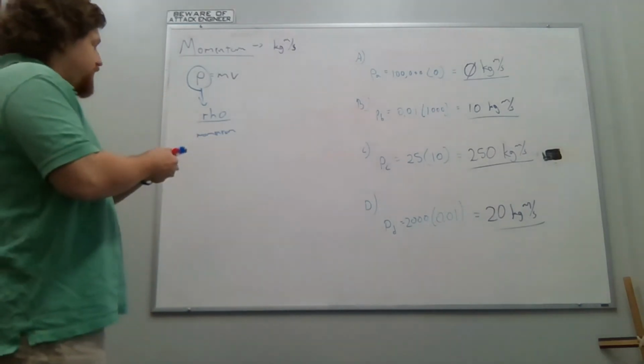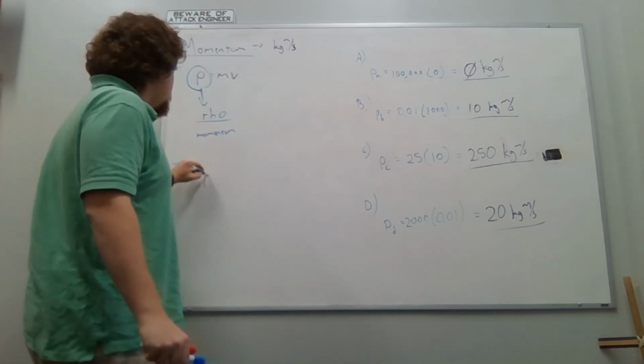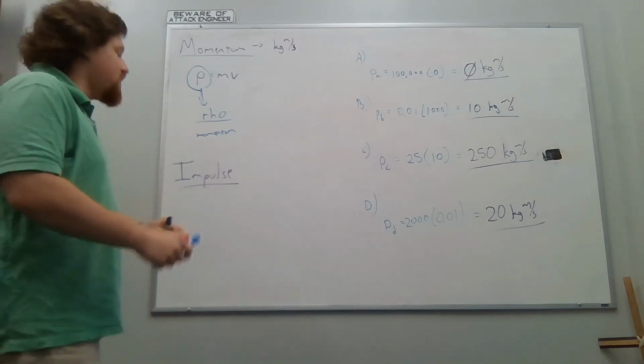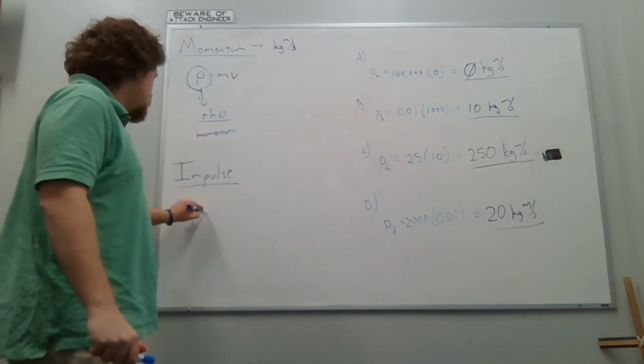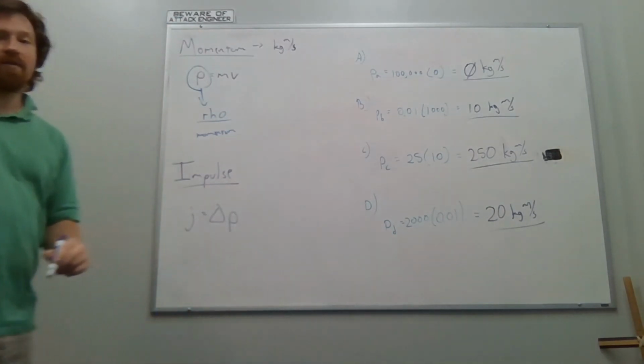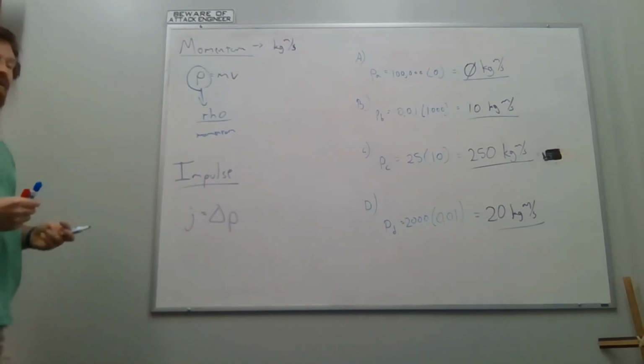It has a name, it has its own symbol, but it is not any more complicated than momentum, because the new concept is impulse, and the definition of impulse is change in momentum.